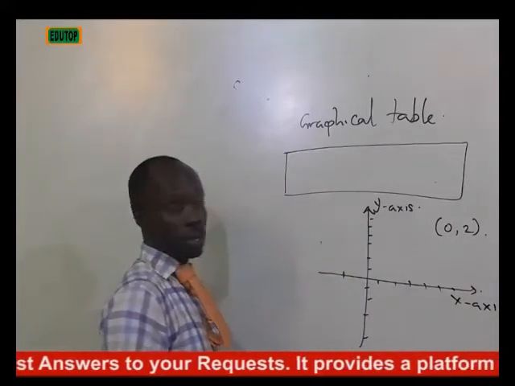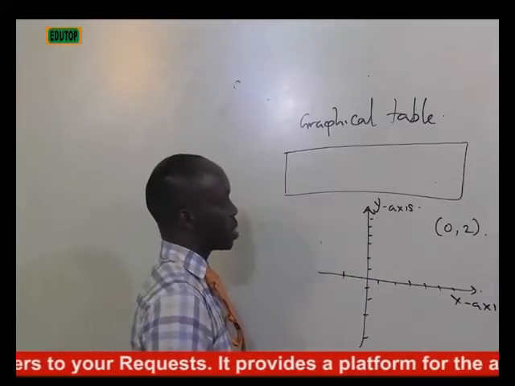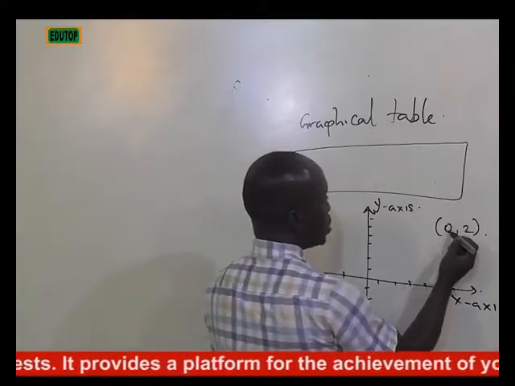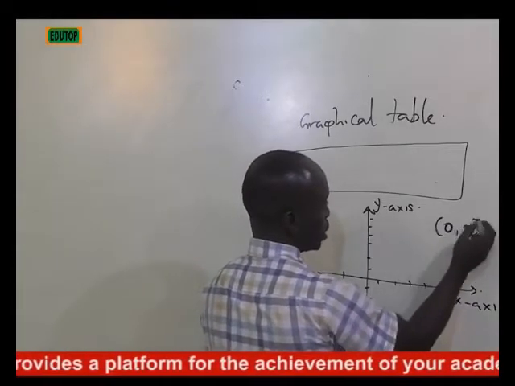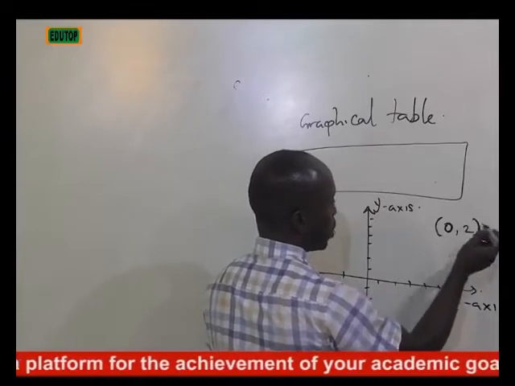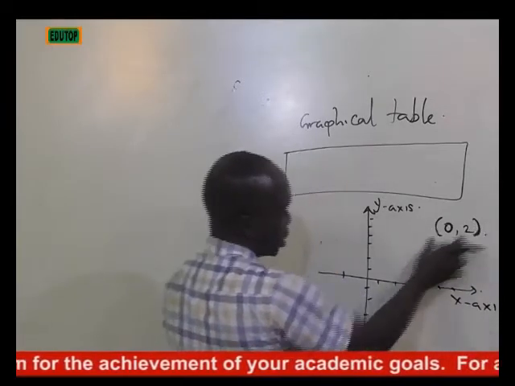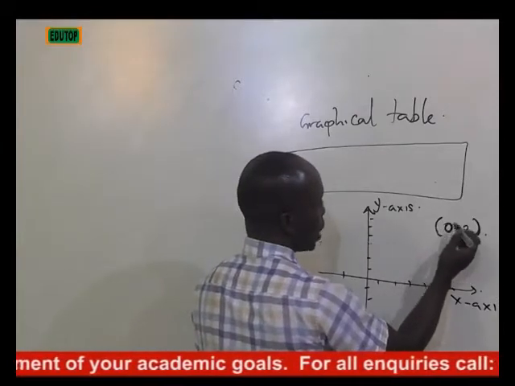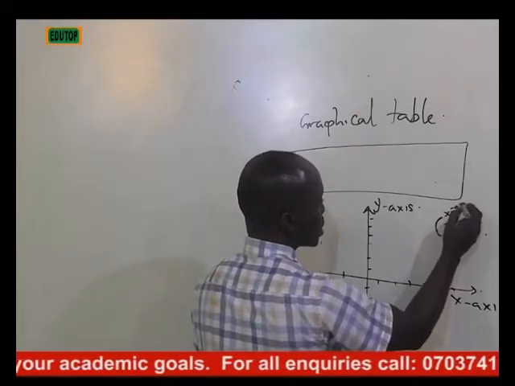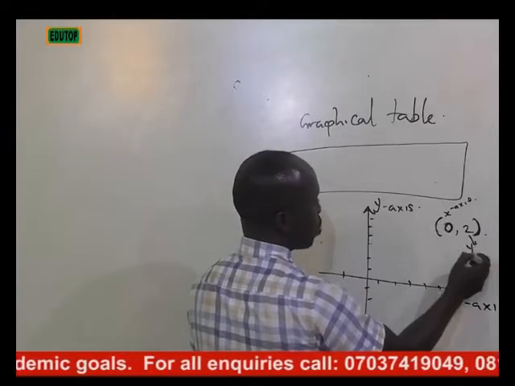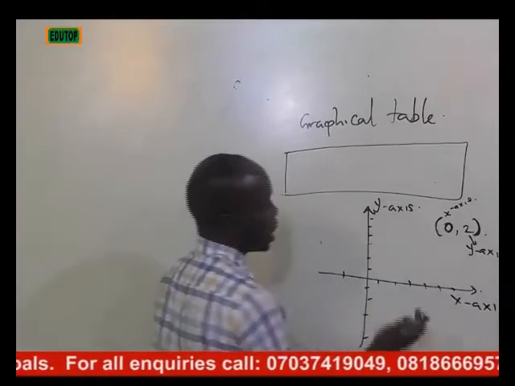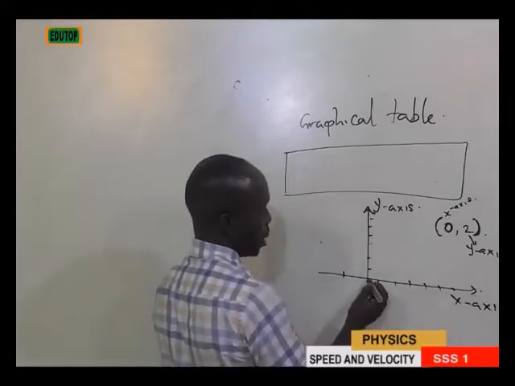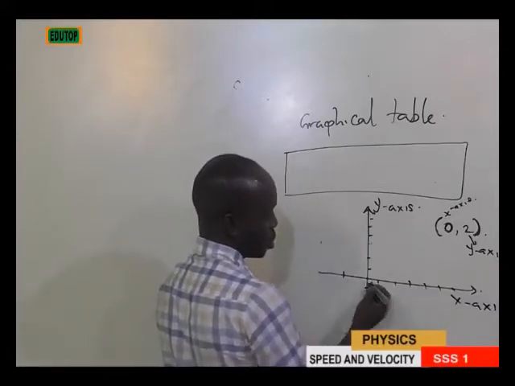Of course, in your normal elementary mathematics, you were told in geometry that the first number in this particular bracket are points with respect to these two planes. The first number in the bracket represents the x-axis, while the second one represents your y-axis. So it means that this 0 is a point on the x-axis. Automatically you know that the point of intersection is always 0.